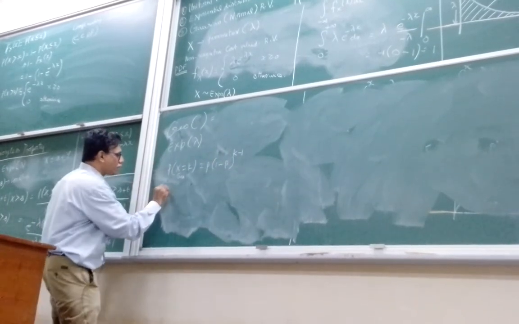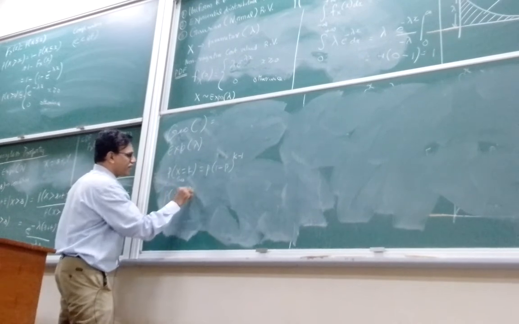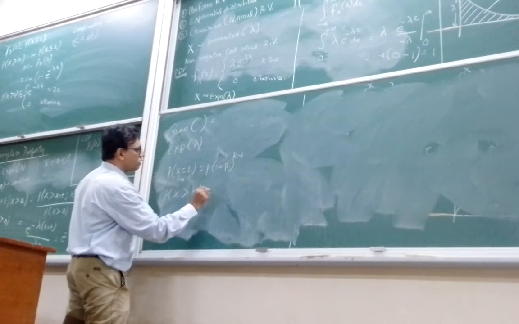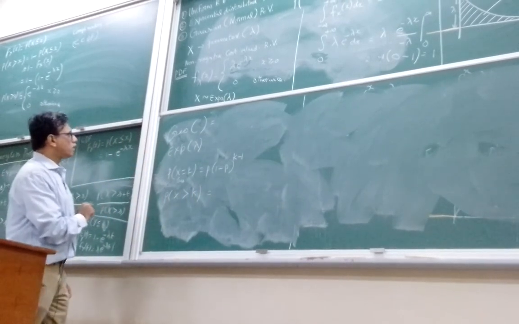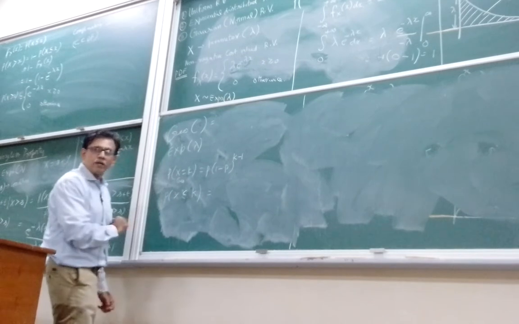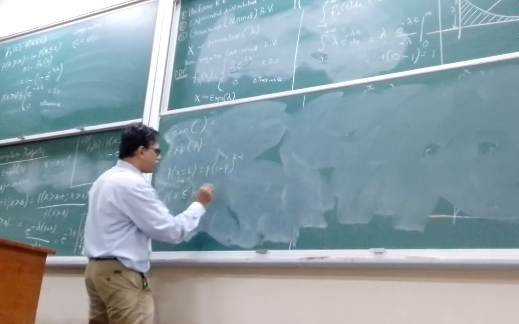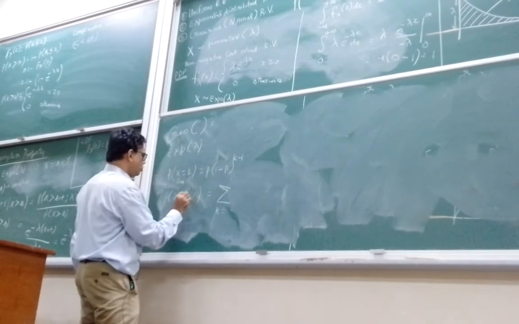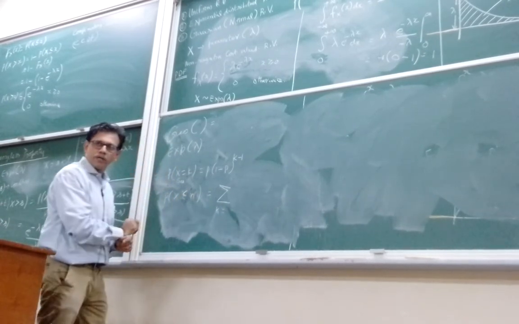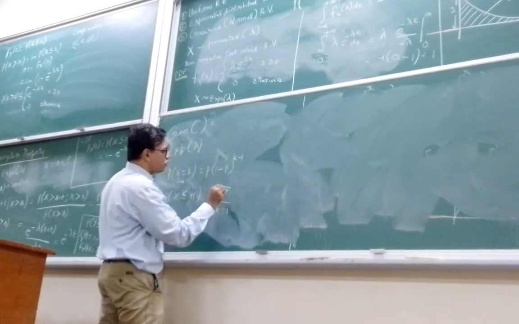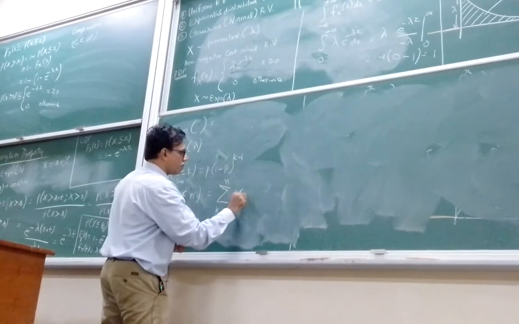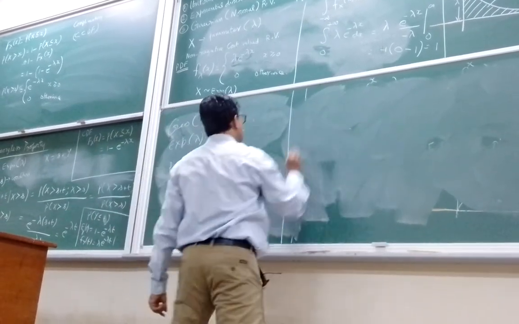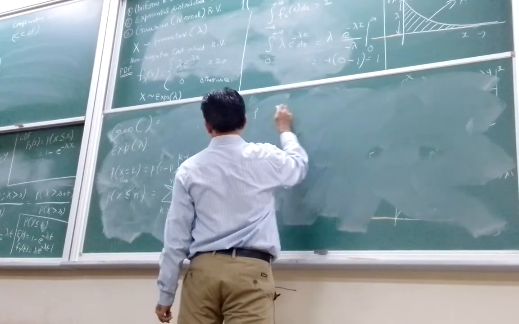Okay. And what is the probability that x is less than or equal to k? If you try to put it, it is the sum over k from 1 to n of p into 1 minus p power k minus 1. So what will happen?